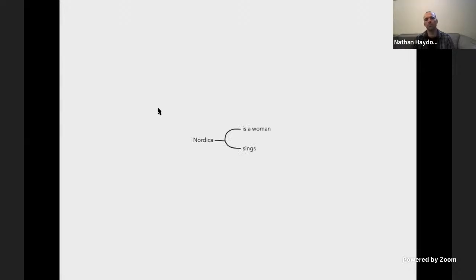Here's another example. So this is something, someone, maybe Nordica, is a woman, and sings. And again, now we can erase sections of this line in the same way that we took a statement and broke it down by adding blanks into a sub-expression. We can now erase aspects of this line to draw inferences about more general claims about this statement.